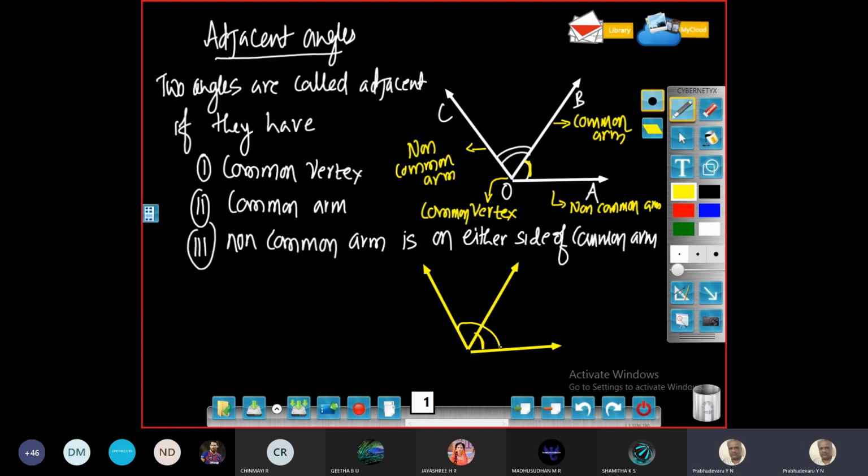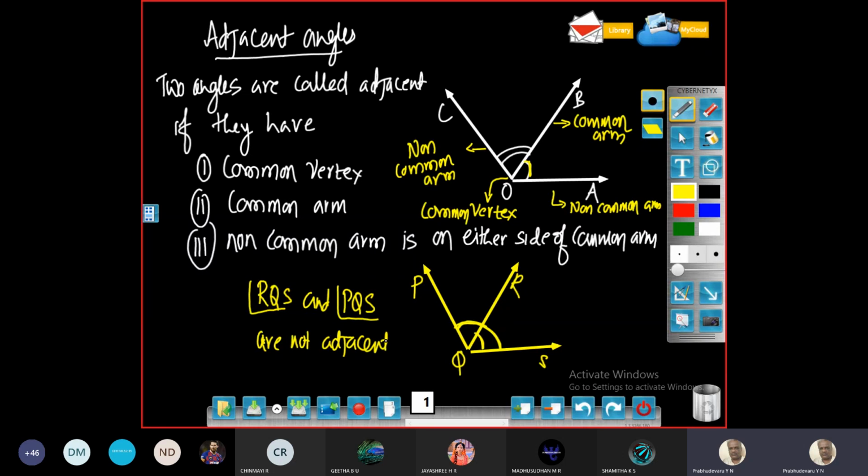So P, Q, R, S. I am asking angle RQS and angle PQS. Tell me whether they are adjacent or not. Sir, they are not adjacent, sir. Not adjacent.